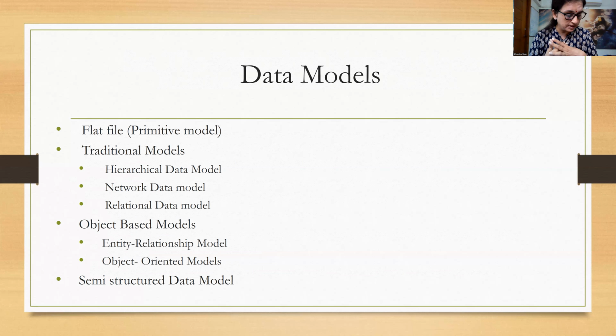For example, flat file stores everything in one place, whereas hierarchical will have a tree-like structure, whereas network will have entities organized as graphs. But as soon as I come to relational, everything will be in the form of relational constructs. So we explain the relational data model then.